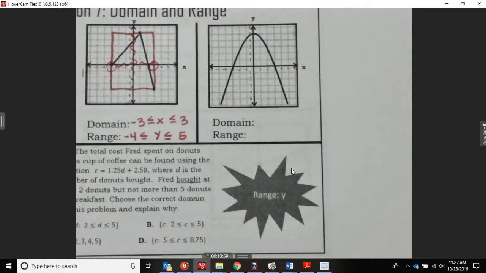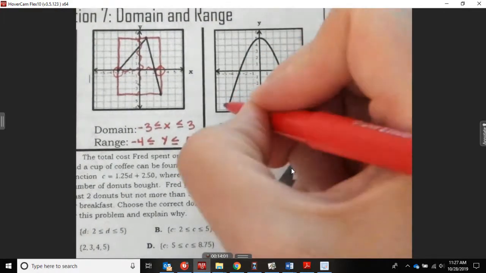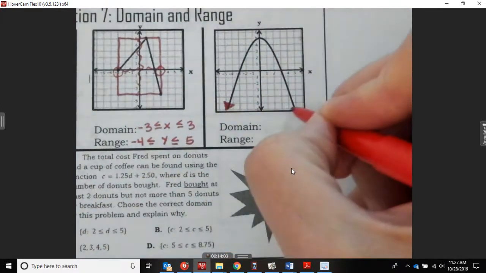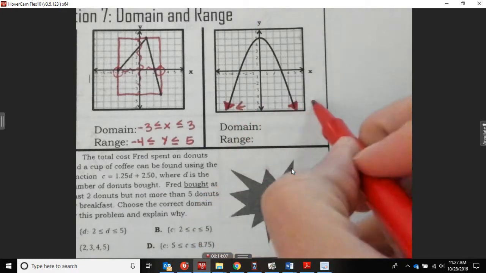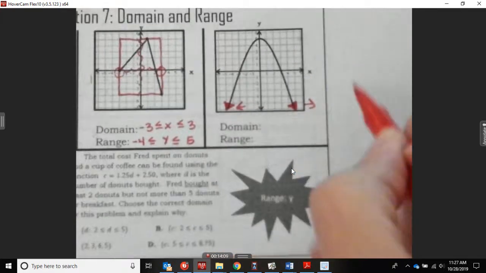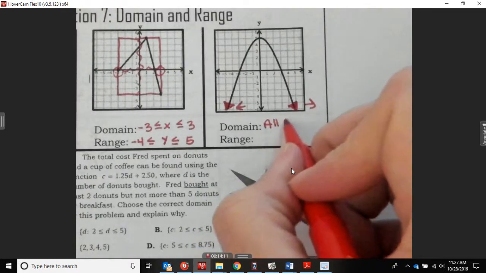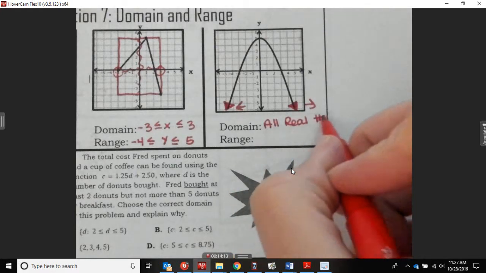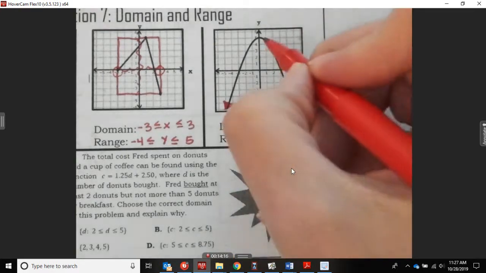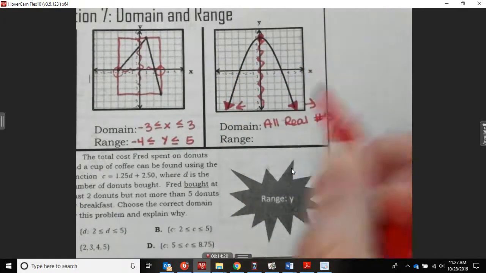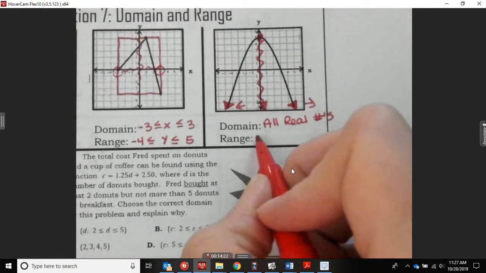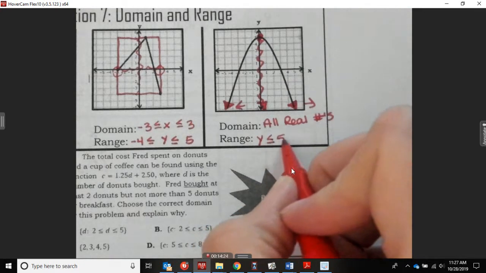Okay, and then this last one here, it should have had arrows on it. And so my domain, which goes from left to right, goes left forever and right forever, so the domain is all real numbers. But my range starts up here at positive 5 and gets smaller. So my y's are less than or equal to 5.